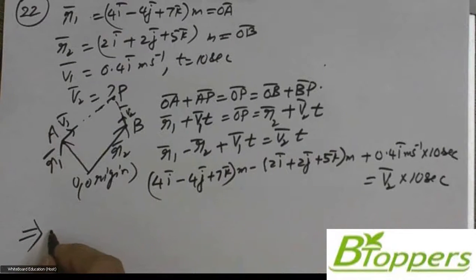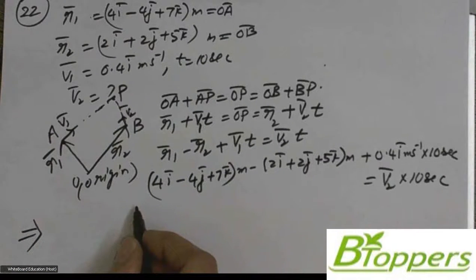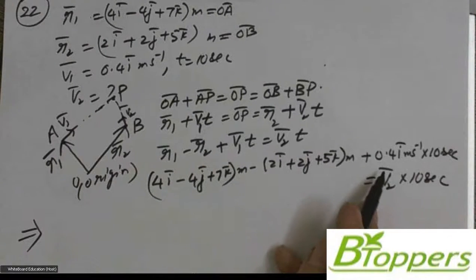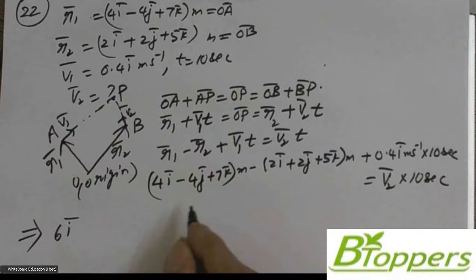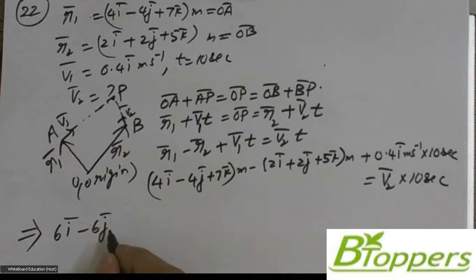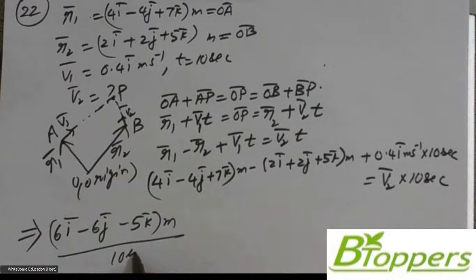So if you simplify this yourself, 4I bar minus 2I bar plus 4I bar, that is 6I bar, minus 4J bar minus 2J bar minus 6J bar, minus 5K bar, meters by 10 seconds equal to V2 bar.